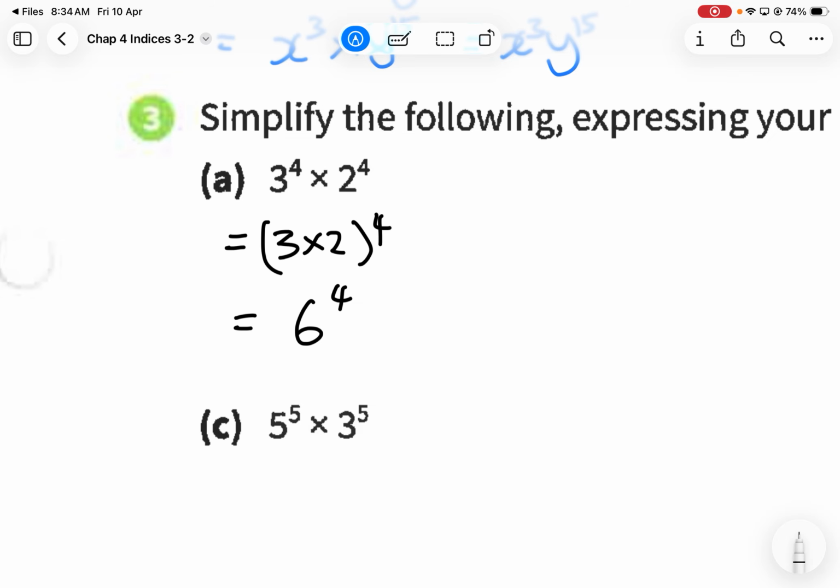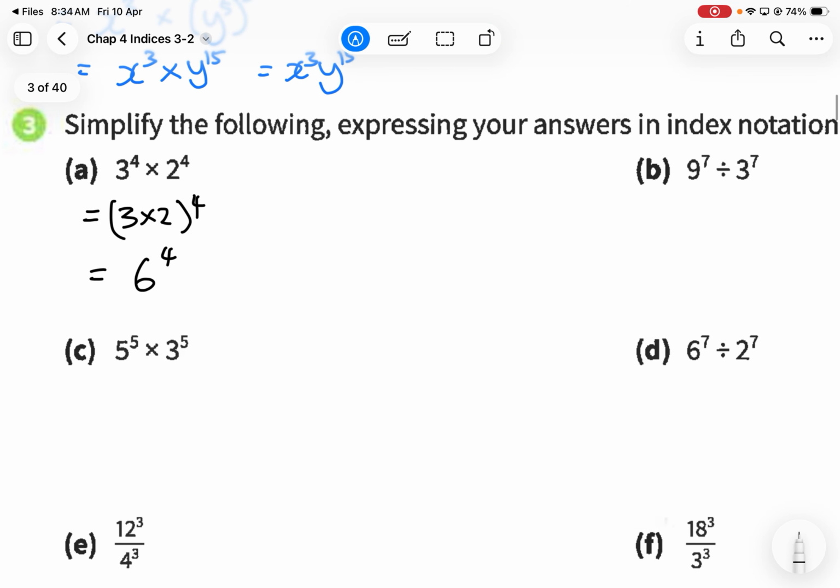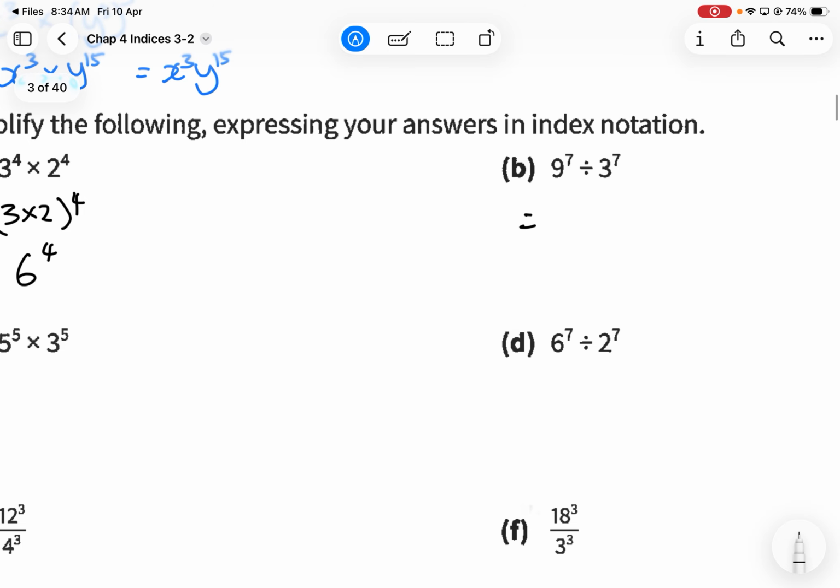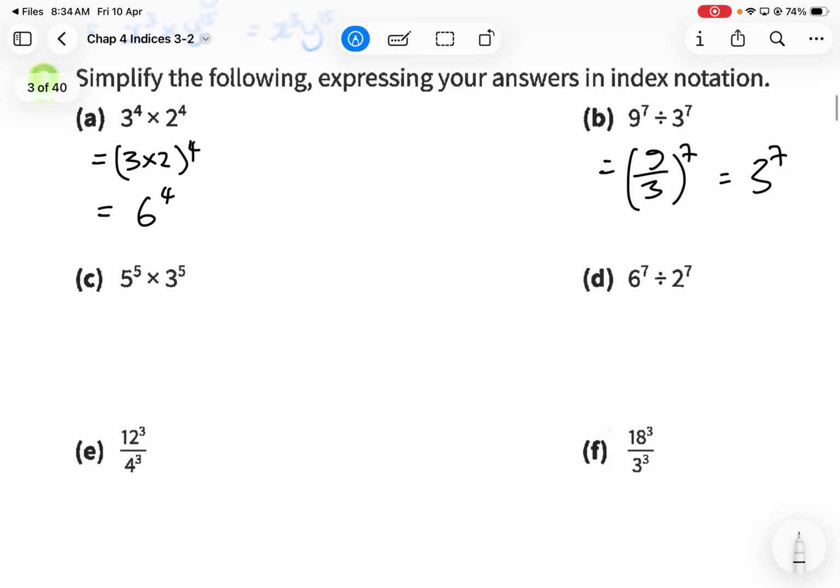Usually we don't do this one. This question specially asks you to do. Seldom will you be required to do this.